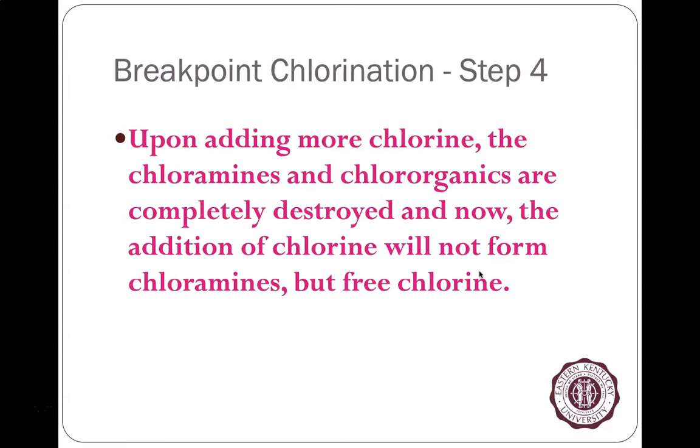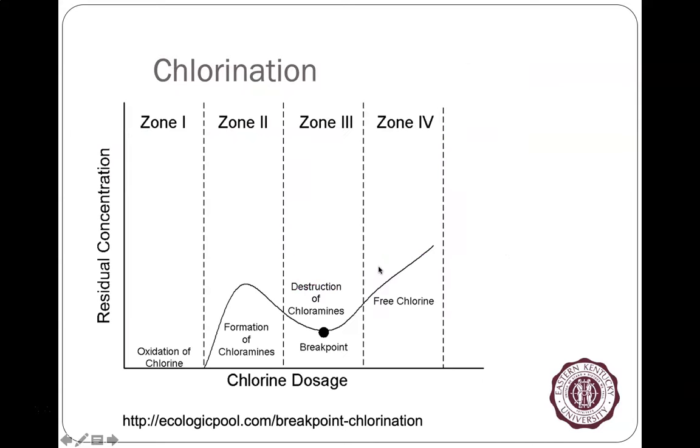Upon adding more chlorine, the chloramines and chlororganics are completely destroyed, and now the addition of chlorine will not form chloramines, but will form free chlorine. So here, chloramines are included as a type of our residual. They can disinfect, but they're short-lived, and adding more chlorine destroys them. We want free chlorine, so we keep adding chlorine, and we get to this point. This is the point we want to be.